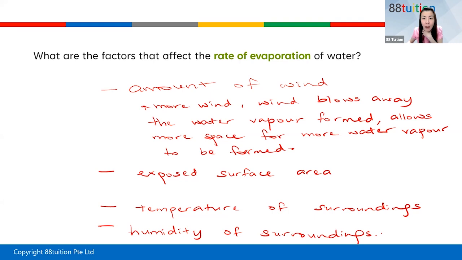Humidity of the surroundings. Did your teacher go through this with you? Yeah, so actually there are 4 factors. In your textbook, only 3. It wasn't mentioned on the humidity. However, we know that it can affect the rate of evaporation. So let's say, okay, what do you understand by humidity first?